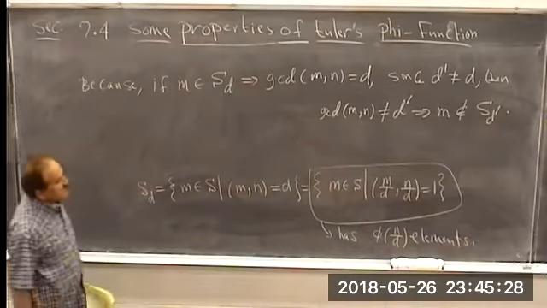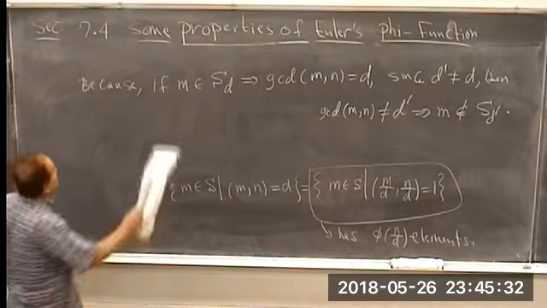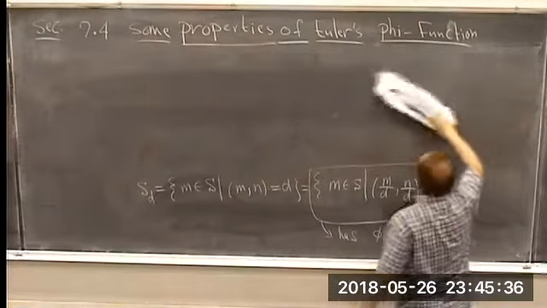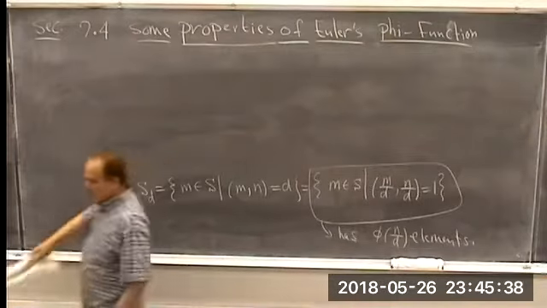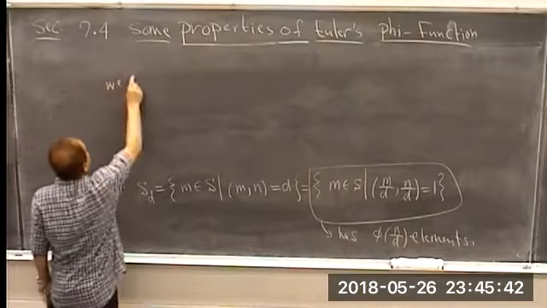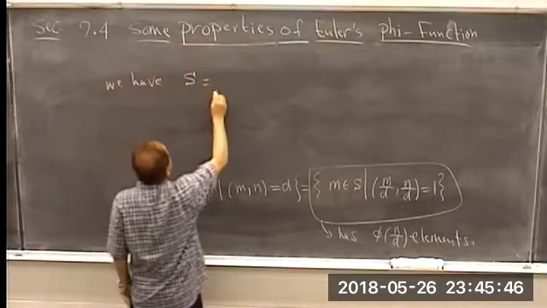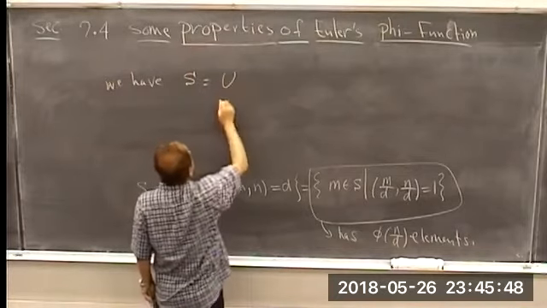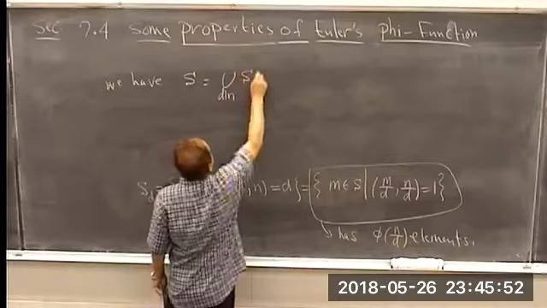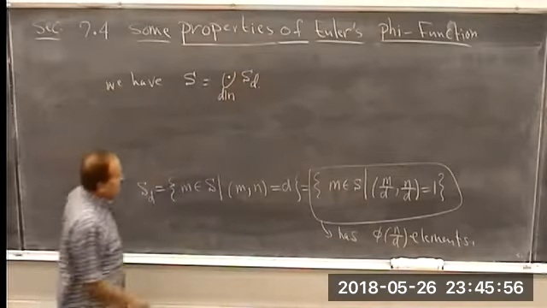Now, so we have again that S is the union of all of these. So S is equal to the union over d dividing n of S sub d, and this is a disjoint union.